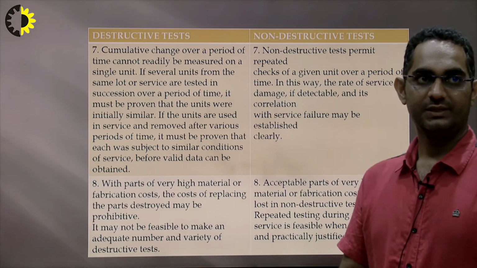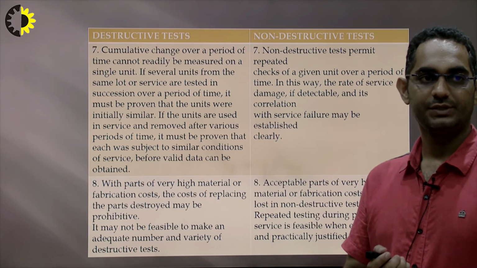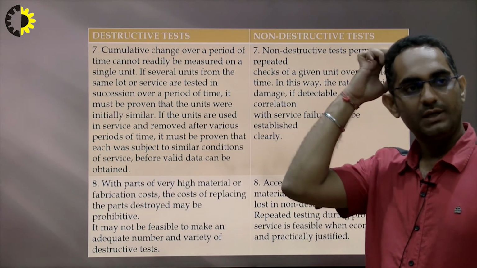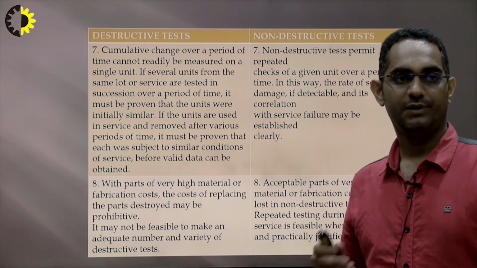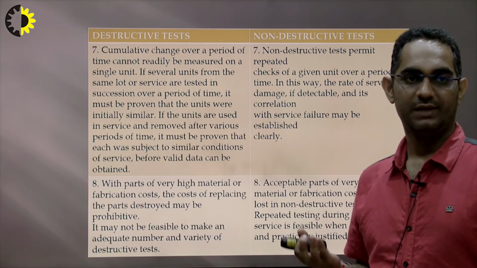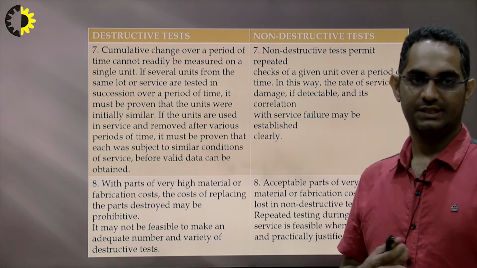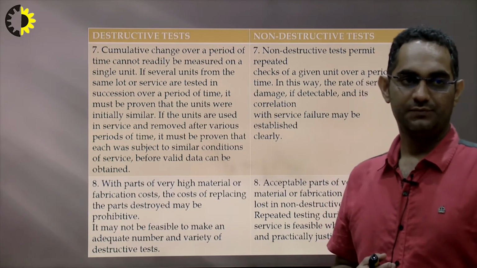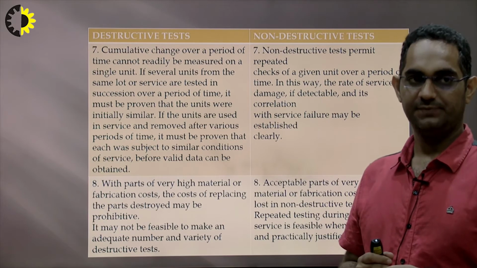Then with destructive tests, with parts of very high material or fabrication cost, the cost of replacing the parts destroyed may be prohibitive, and acceptable parts of very high material or fabrication cost are not lost in non-destructive testing. It may also not be feasible to make an adequate number and variety of destructive tests.